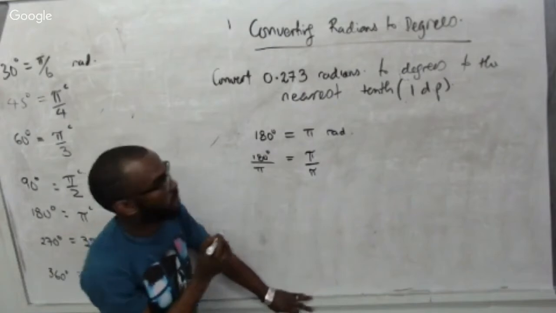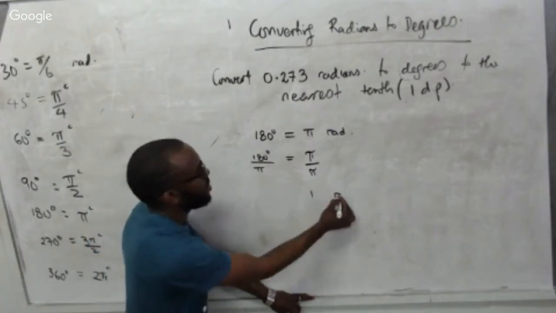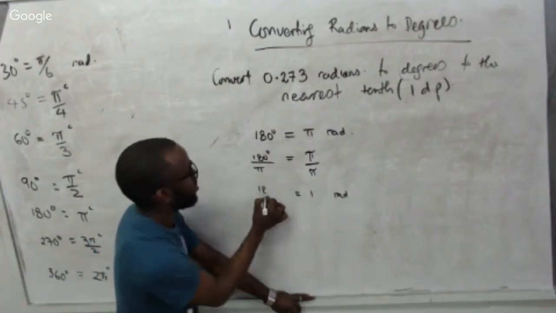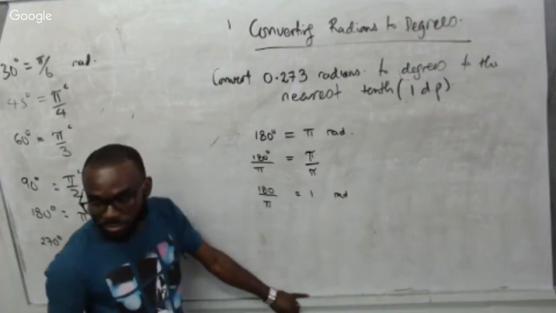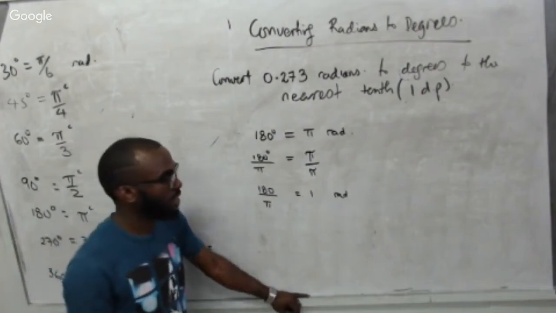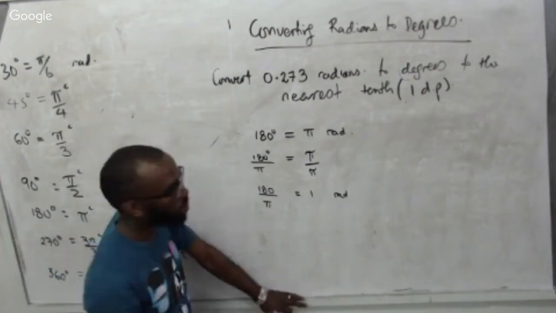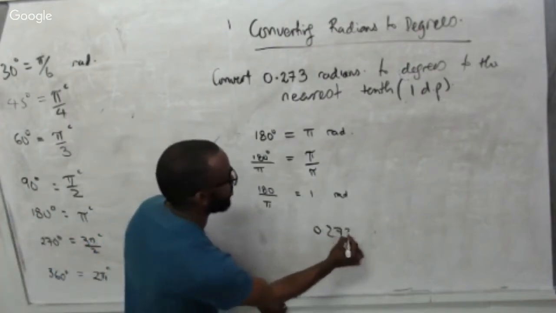So that is 1 radian equals 180 upon pi. Then how much radians am I finding? 0.273. So I just multiply both sides by 0.273.